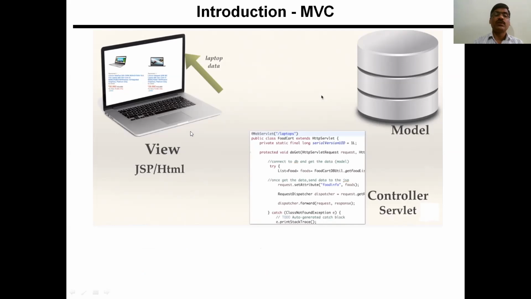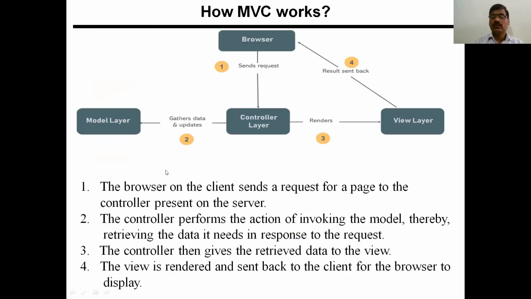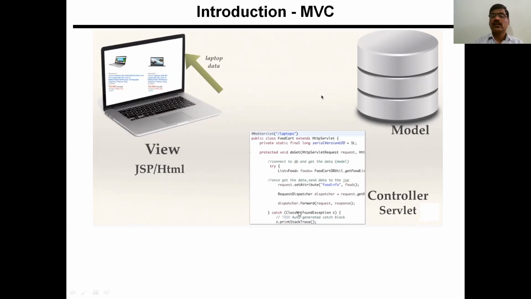What is the point here? View is nothing but user interface. So view is implemented by making use of JSP or HTML technology, and this controller, that is the internal mechanism, is implemented through servlet technology, and this model is implemented through databases or web servers.